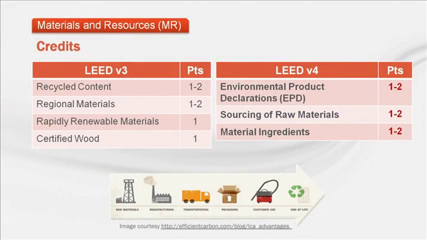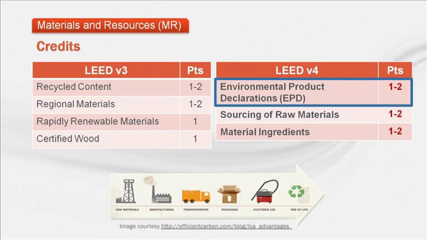Since our primary focus today is on HVAC, I will cover just one credit in a little bit more detail. But please take some time to look into these other credits as well, so that your design team can make informed decisions. With that said, I will highlight the Environmental Product Declaration credit, also known as EPD.